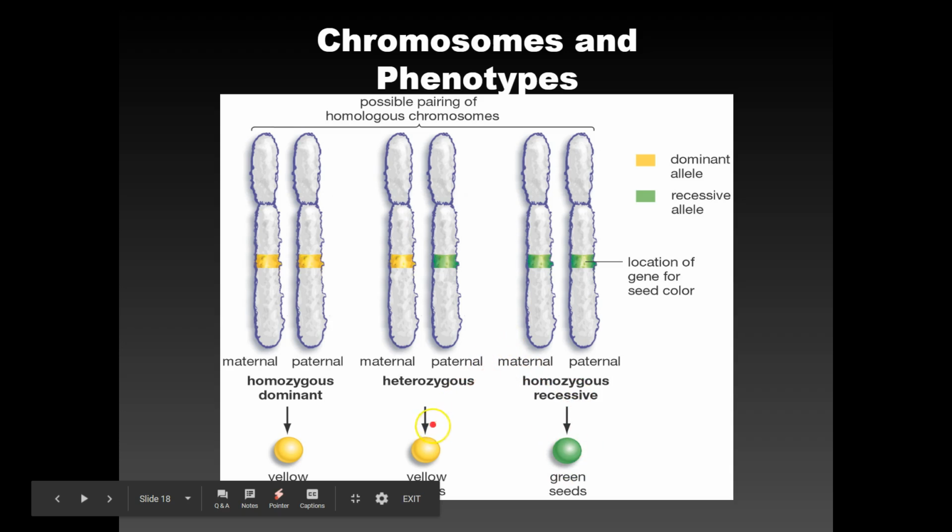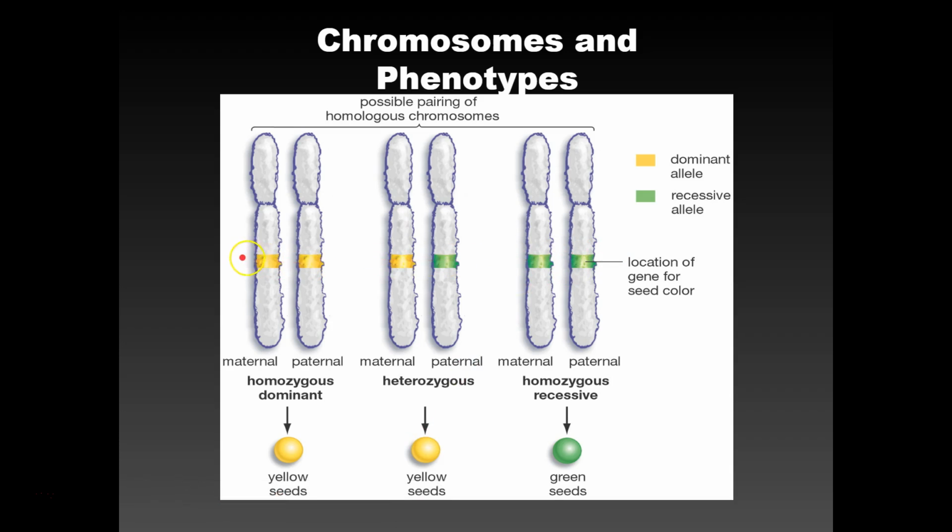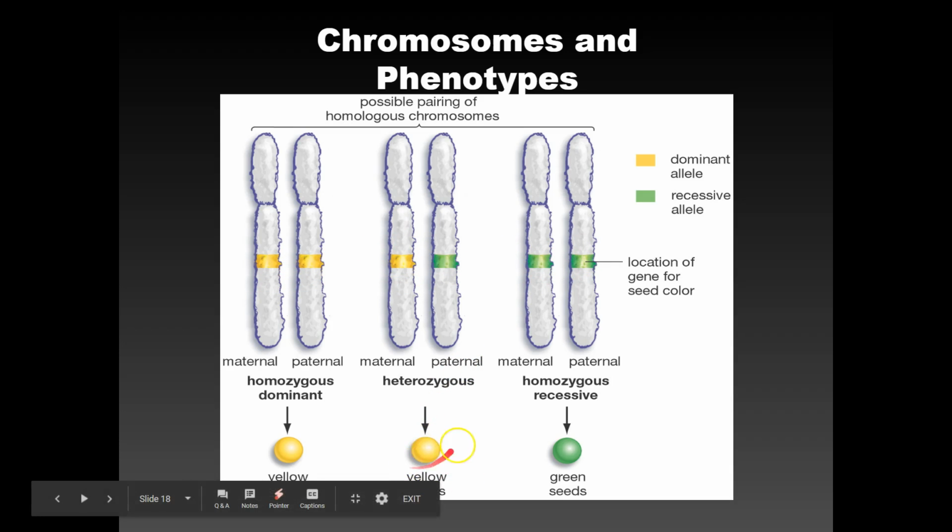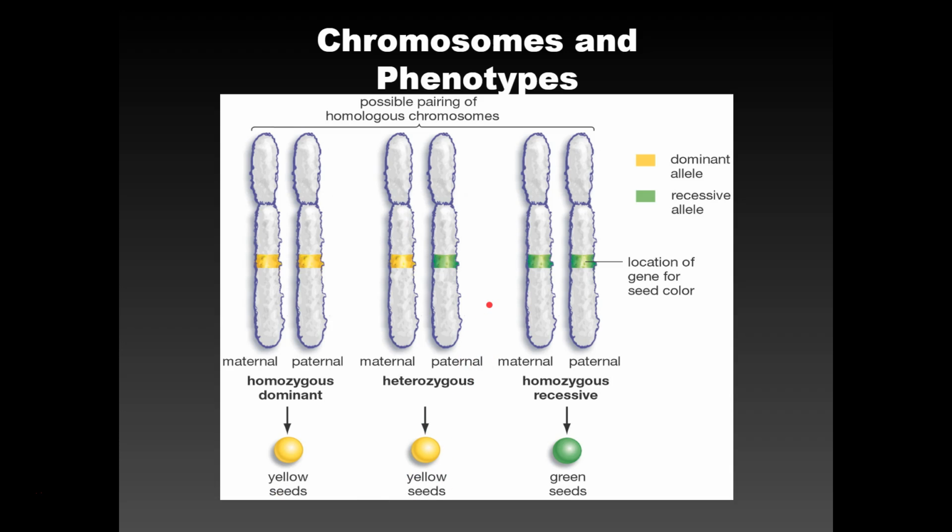So if you just were to look at this yellow seed down here, would you be able to figure out its genotype? These are genotypes, by the way. These are the literal sequences that are making things up. So genotypes are these. Phenotypes are the color that the actual seeds are. So if you had a heterozygous genotype, you wouldn't be able to tell that just from looking at the seed.